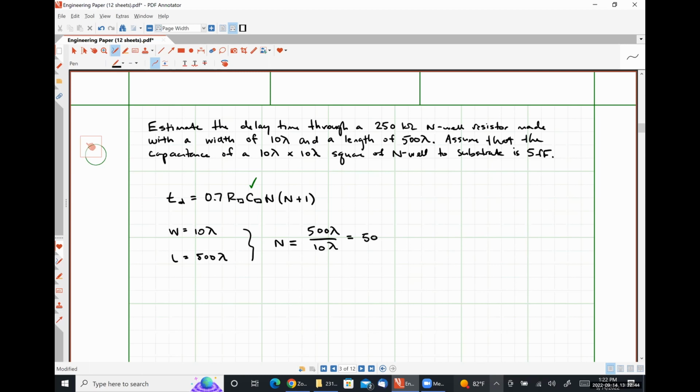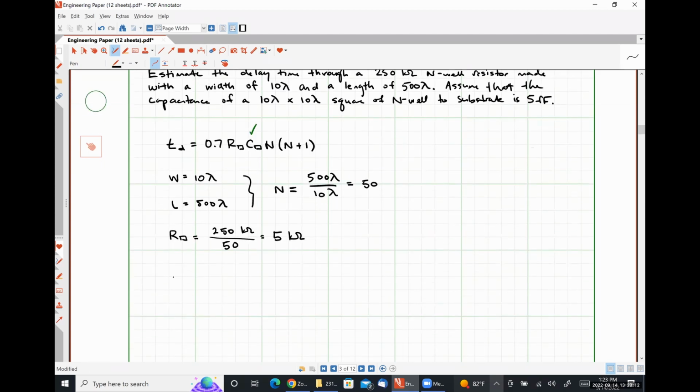So that's our total number of squares. From this, our resistance R square is 250 kilo ohms divided by the total number of squares, 50 squares. And so each individual square contributes 5 kilo ohms of resistance.